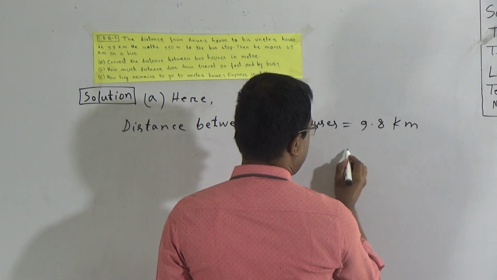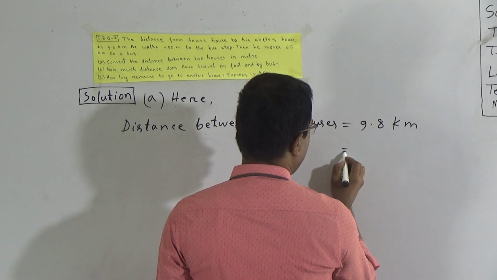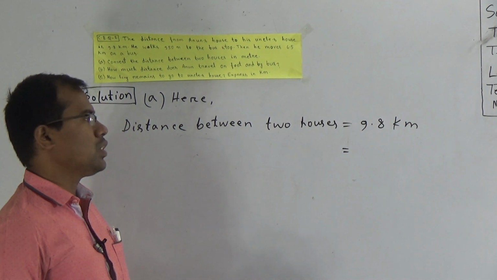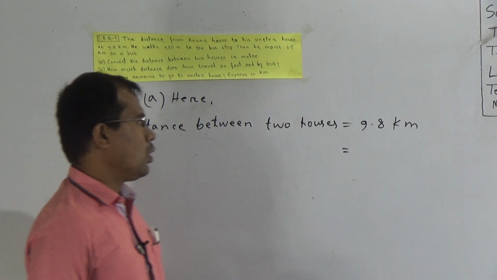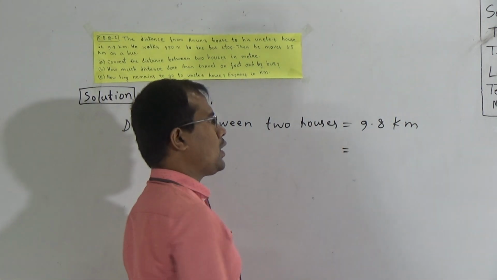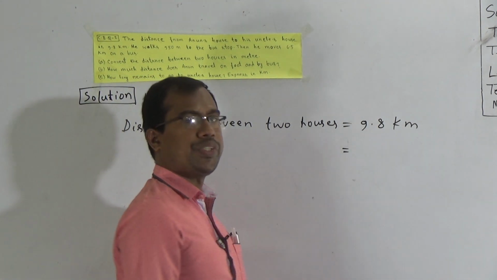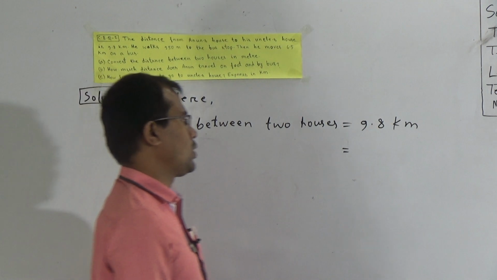Now we have to convert it into meter. You know that 1 kilometer is equal to 1000 meters. So for converting 9.8 kilometer to meter, we have to multiply this 9.8 by 1000.